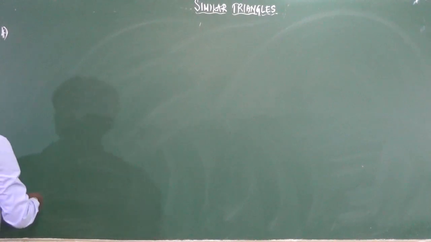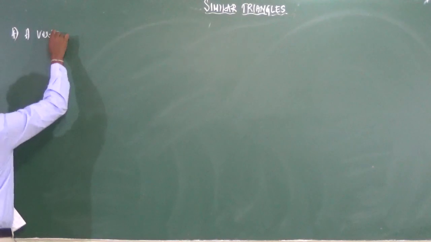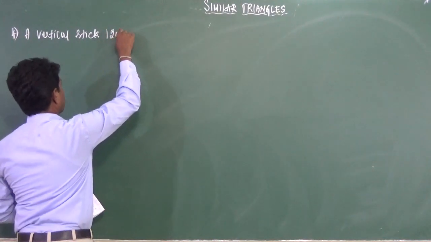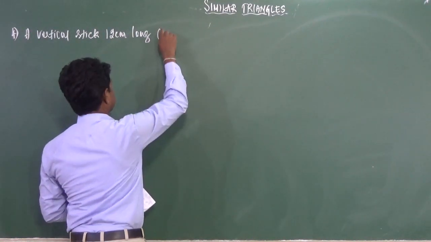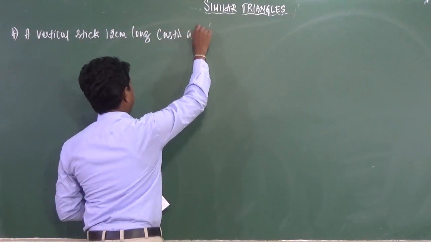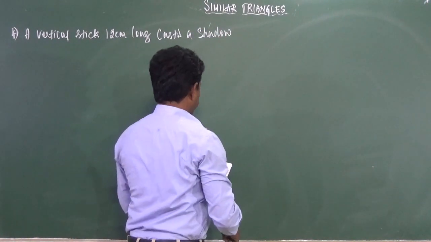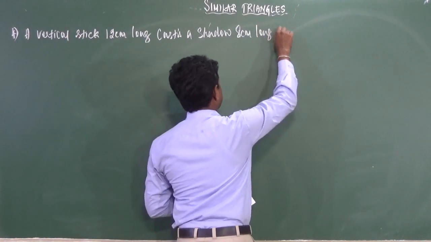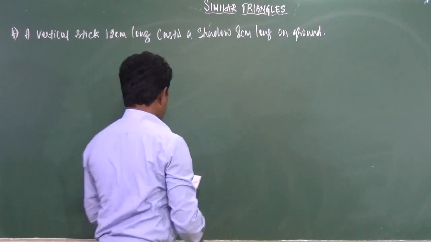Okay, the fourth problem. A vertical stick 12 centimeters long casts a shadow 8 centimeters long on the ground.